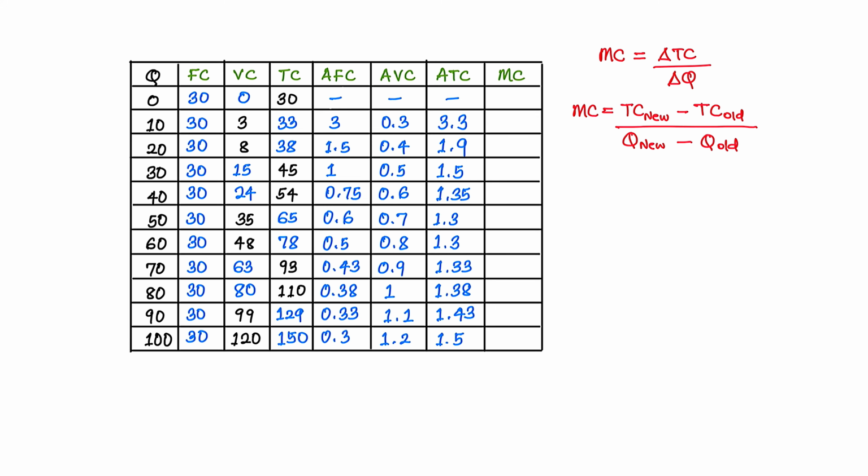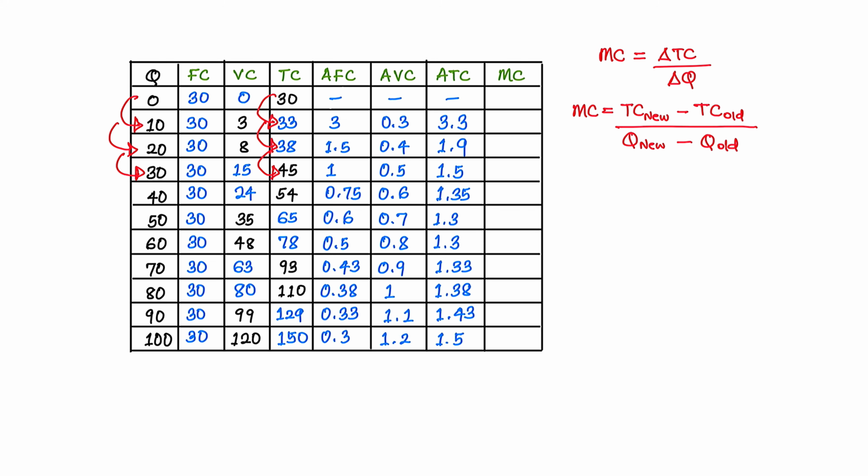Unlike what we have been calculating so far, the marginal cost is an addition, that is an increment. So when we go from quantity as 0 to quantity as 10, what is the increment in the total cost? That is what that means. When we go from 10 to 20, what is the increment in the cost? When we go from 20 to 30, what is the increment in the cost?